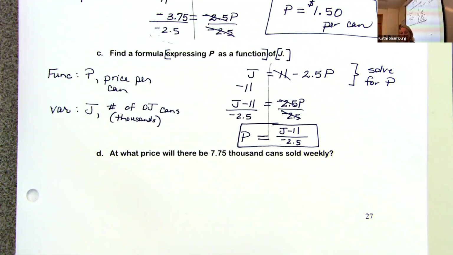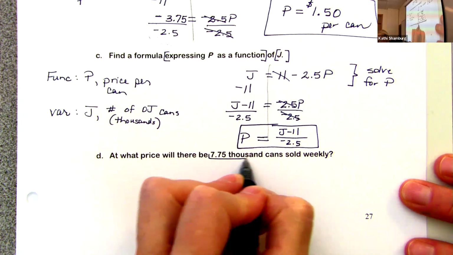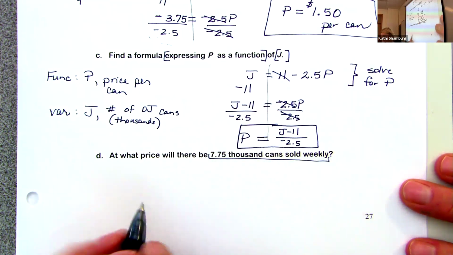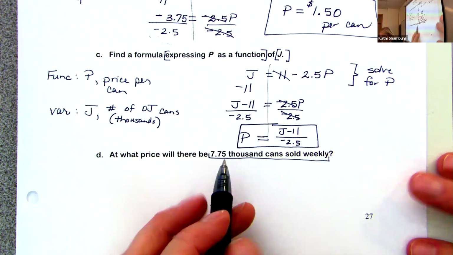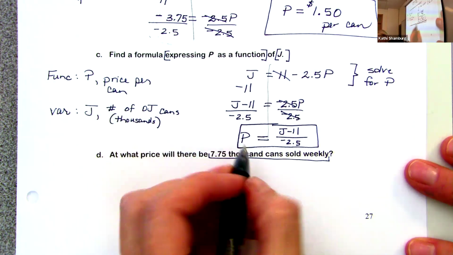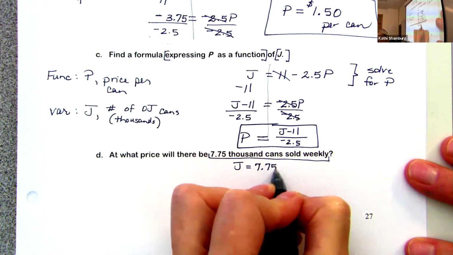Okay, at what price will there be 7.75 thousand cans sold weekly? All right, so now we're given what letter? We're given J, right? So we're given J equals 7.75.